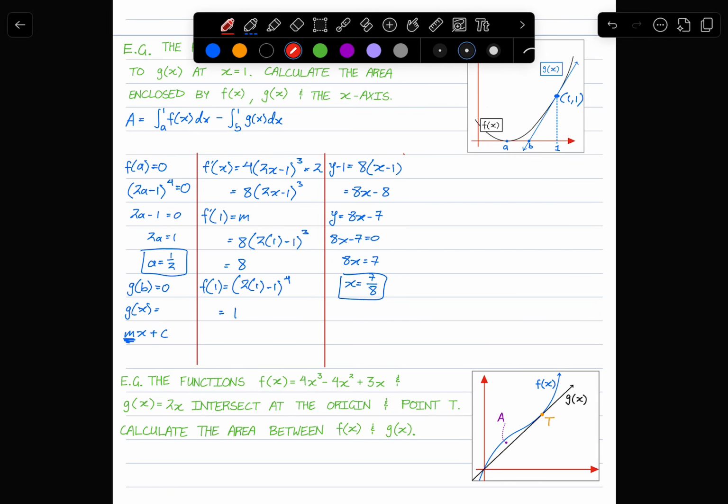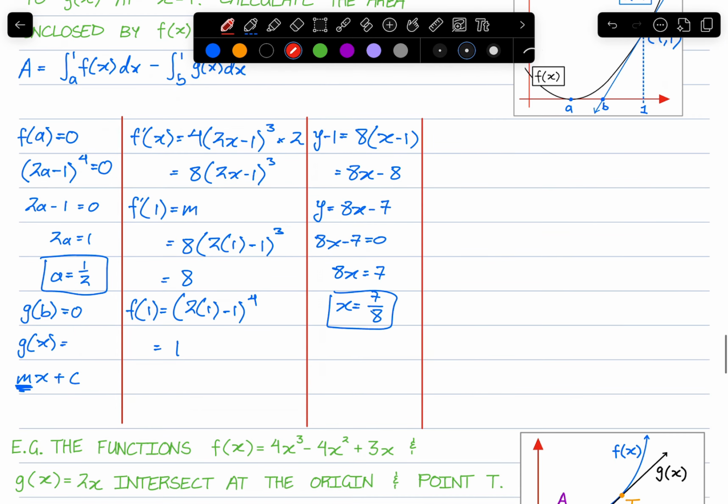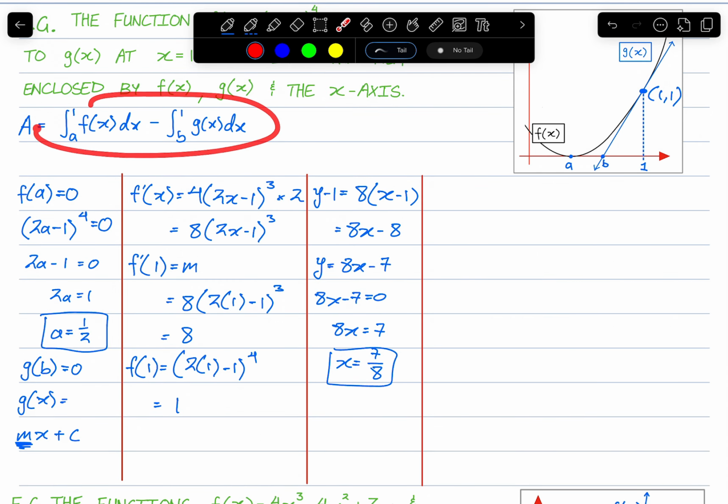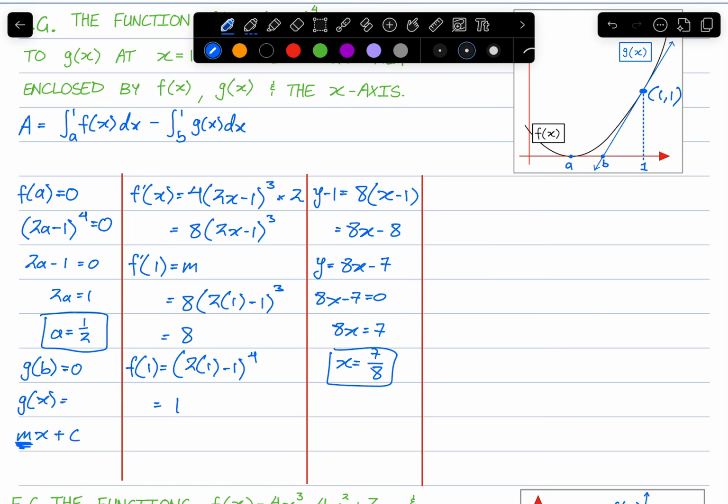And then from here, we can finalize our area simply as what we had here, but now we can actually use numbers to solve it.